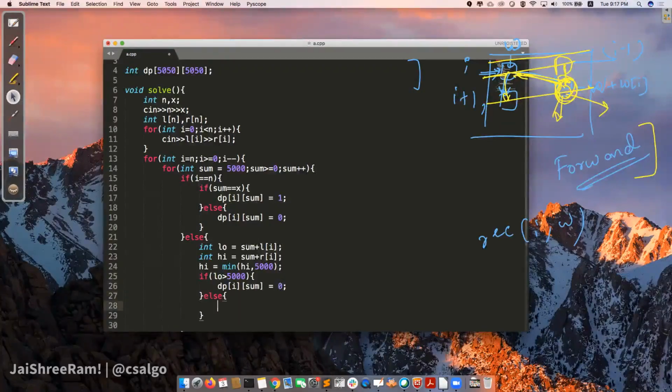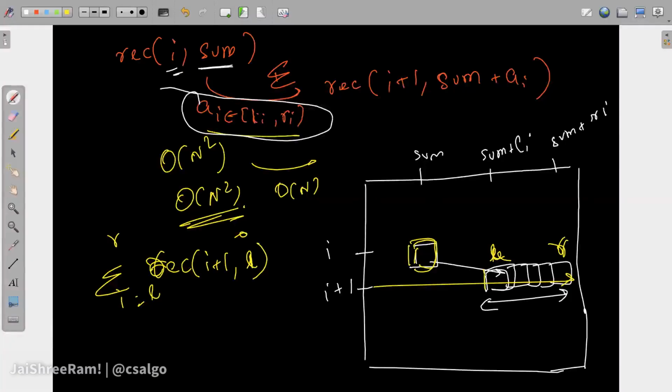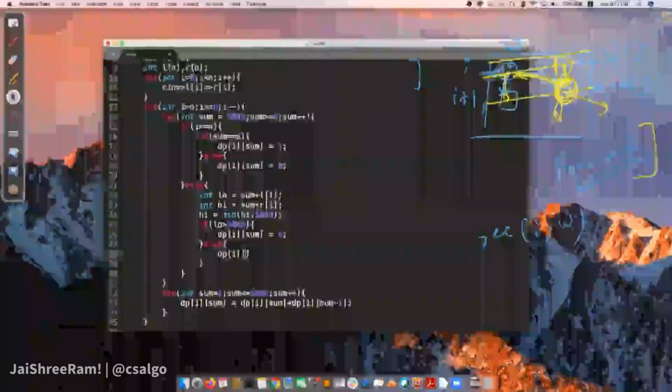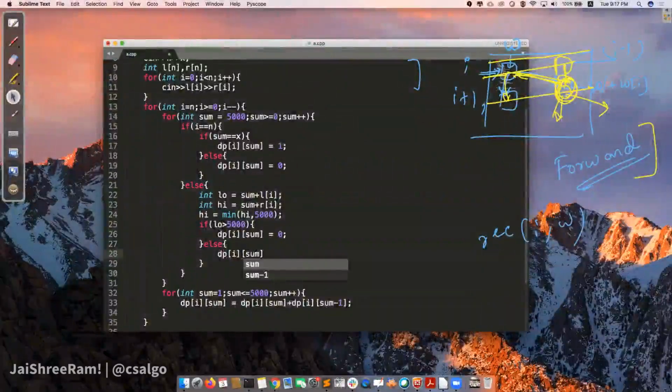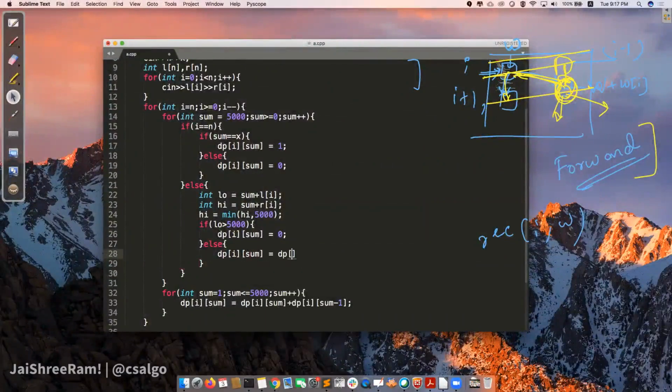Or else it's going to be some prefix sum, that is nothing but dp of i comma sum is equal to dp of i comma high minus dp of i comma low minus 1.